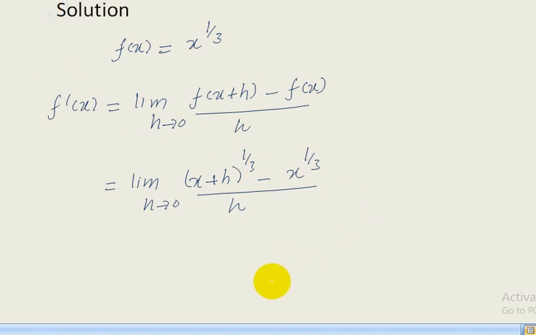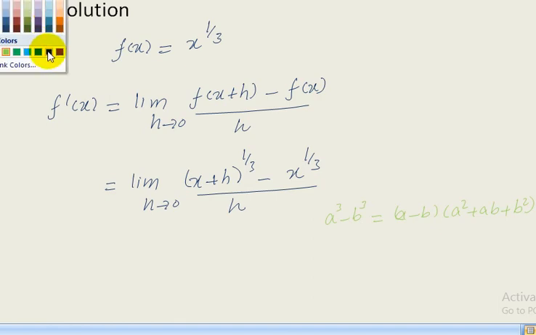For this, we know that a cube minus b cube is equal to a minus b into a square plus ab plus b square.